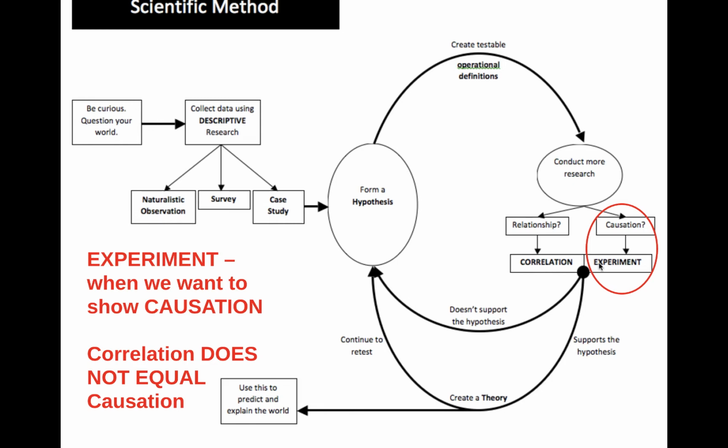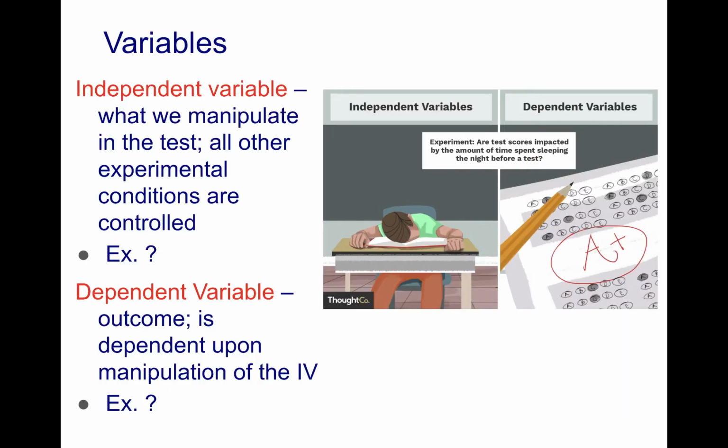Just because two variables are related to one another, like for example, the amount of sleep a student gets and their grades, that doesn't necessarily mean that the amount of sleep a student gets actually impacts a student's grades. To determine any kind of cause and effect relationship, we need to perform an experiment. And that's what we're going to start talking about today by discussing experimental variables.